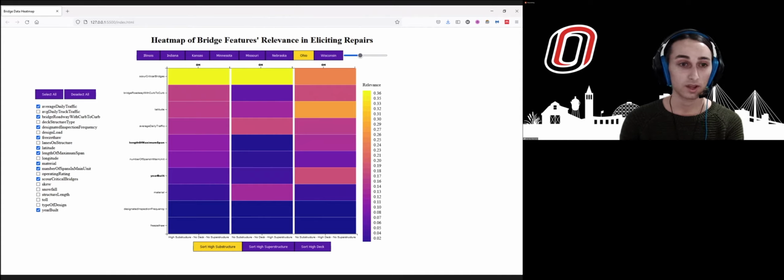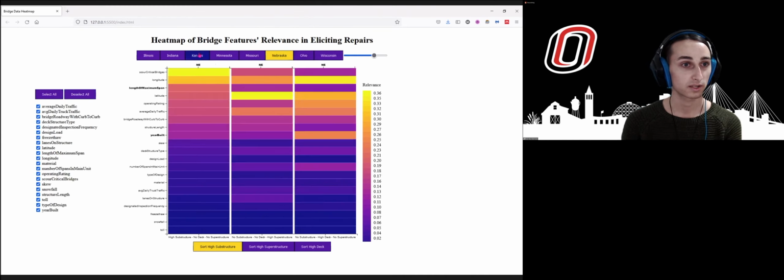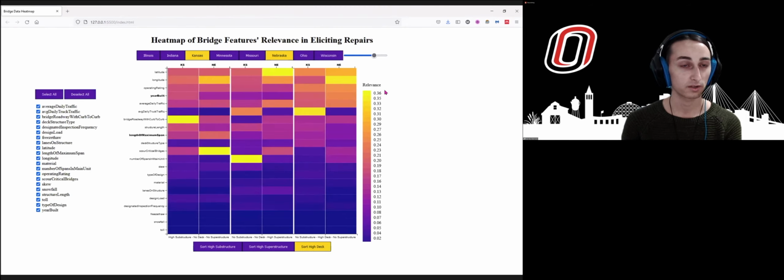As an example scenario of an interaction, a bridge engineer wishes to compare data from Nebraska and Kansas to see which features are most relevant for prompting deck repairs. We can select Nebraska and Kansas here and then sort by deck repairs.